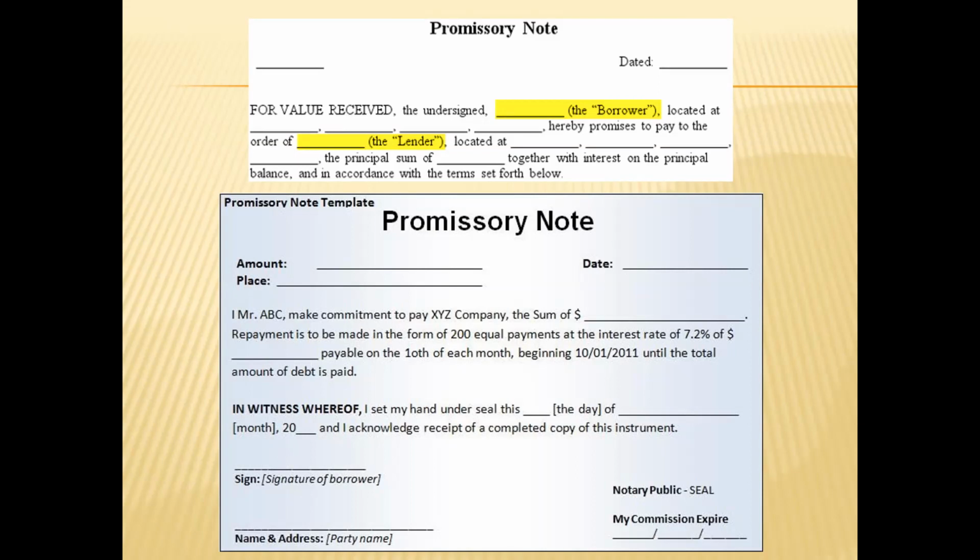And then the terms below will outline how many payments, what the monthly payment is, and the actual interest rate, et cetera.